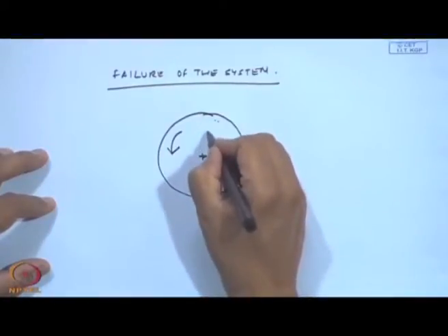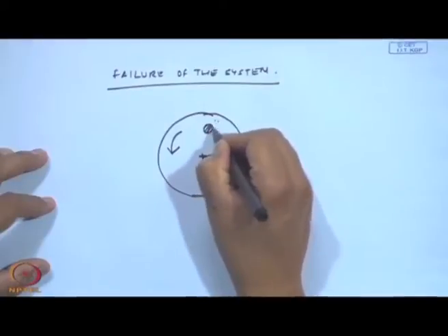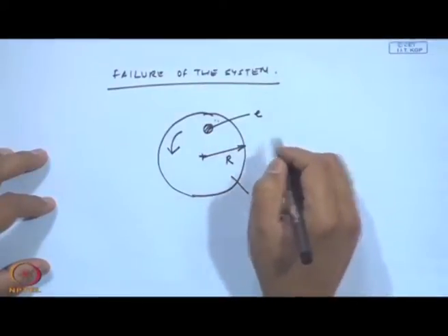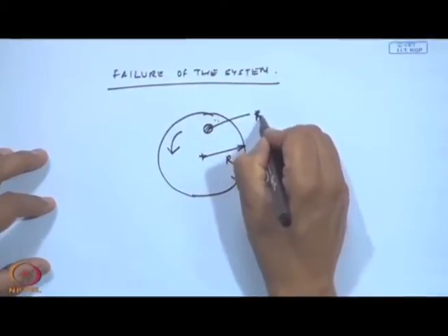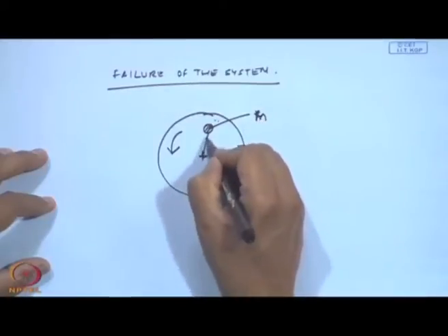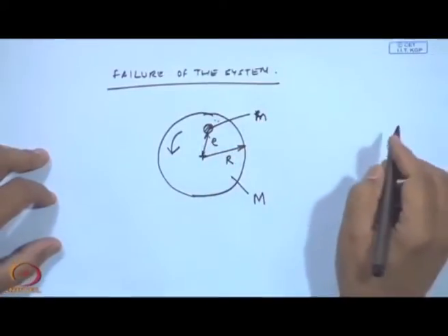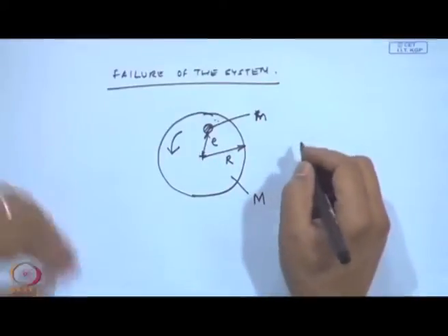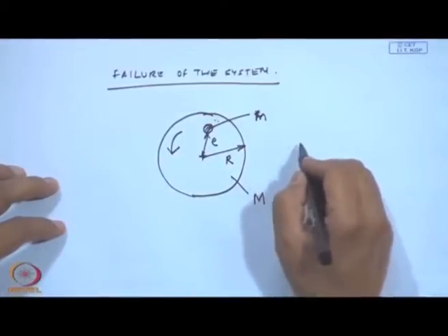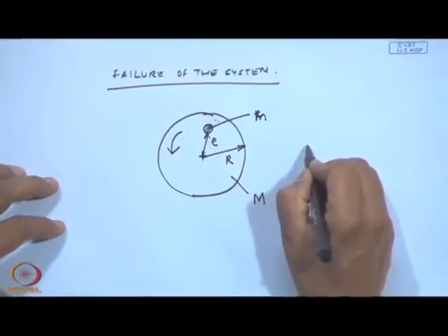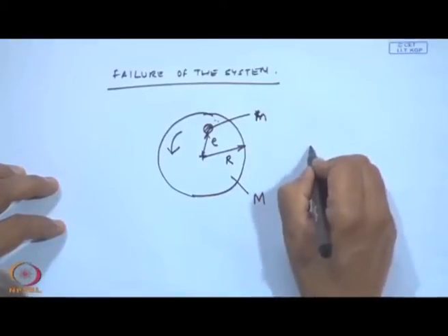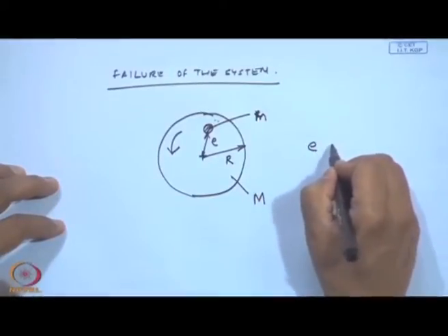At some location e, I have a small mass m. So, the amount of unbalance, the unbalanced force, can be written as given by this expression.